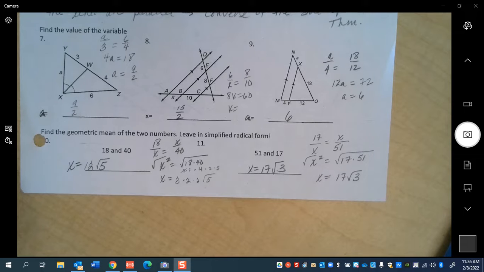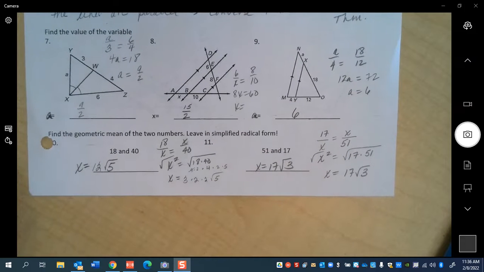So whenever I'm looking for the geometric mean between two numbers, I'm talking about what number fits this proportion. 18 times 40, x times x is x squared.